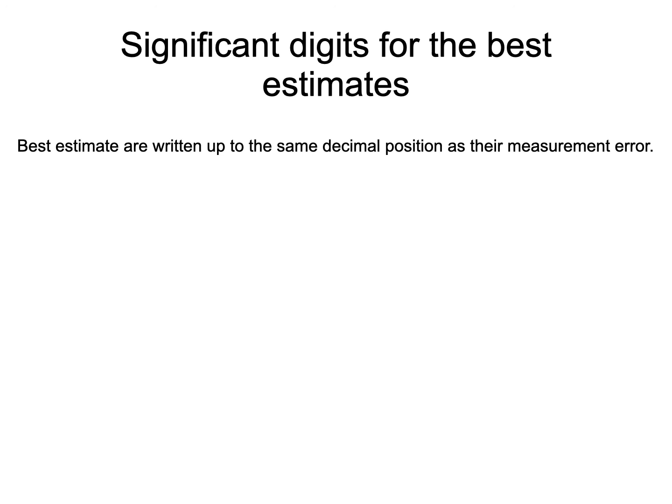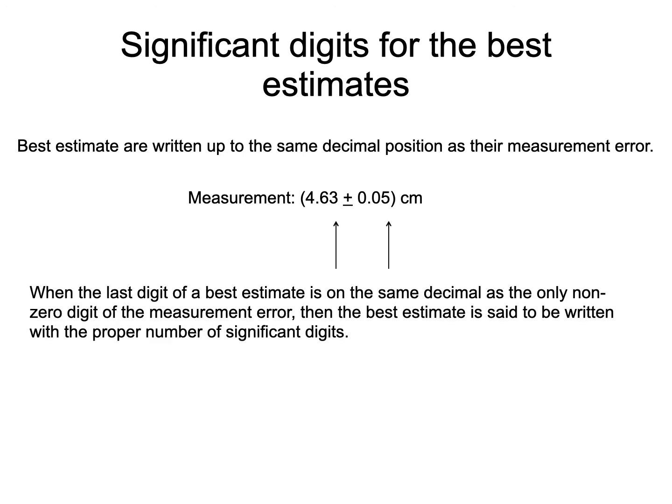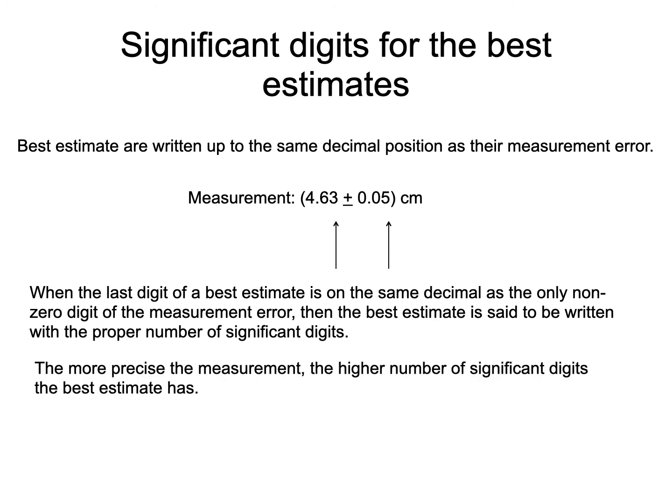Recall the measurement of the length at the beginning of this lecture. You can see that both numbers end on the same decimals. It means that a best estimate expressed with the proper number of significant digits gives information about the rough size of its measurement error.